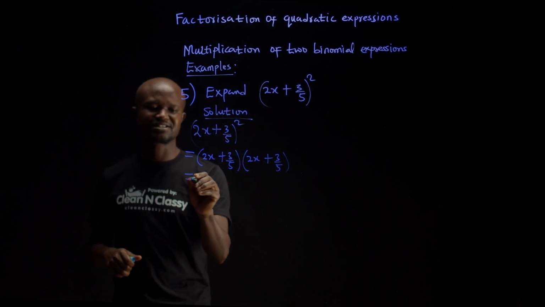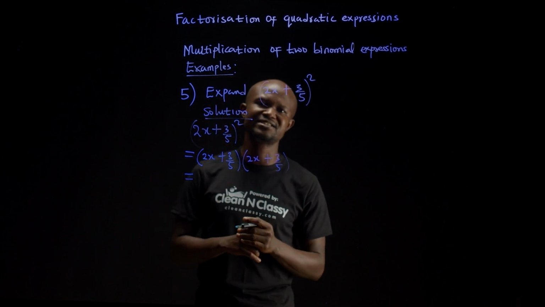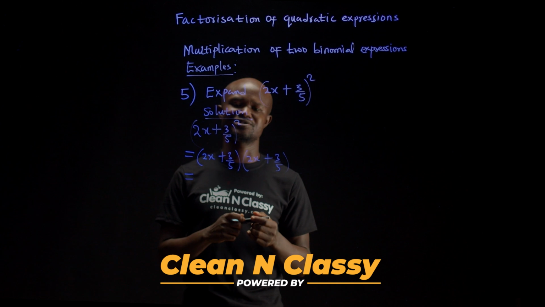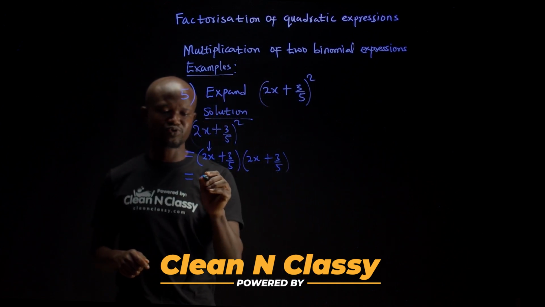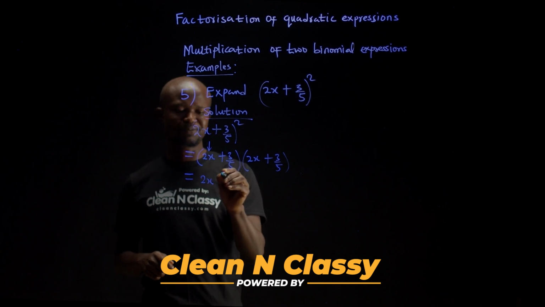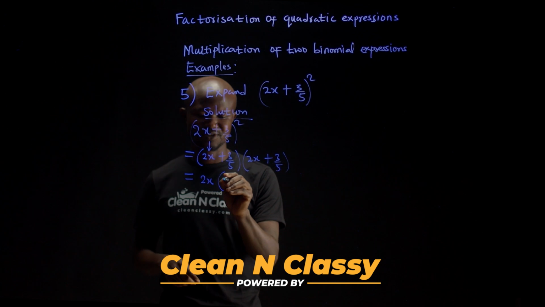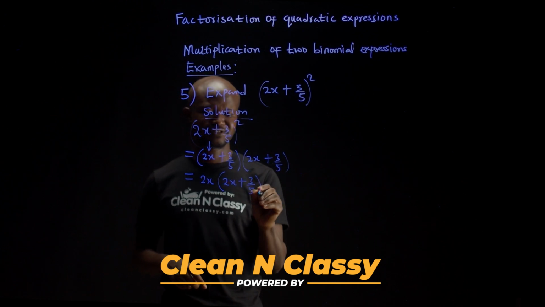In this case, we apply the same technique of expanding the product of two binomial expressions. We use the first term, which is 2x, to multiply the whole of the second binomial expression, 2x + 3/5.